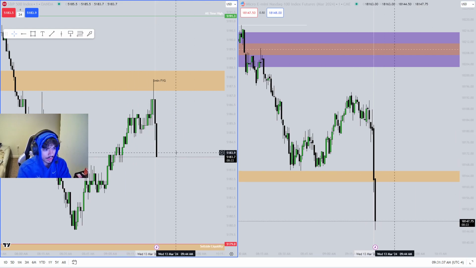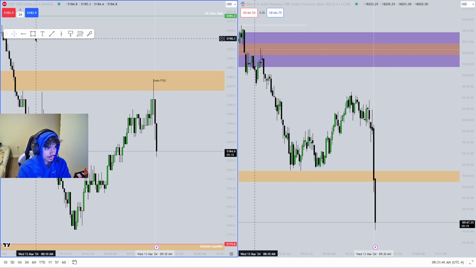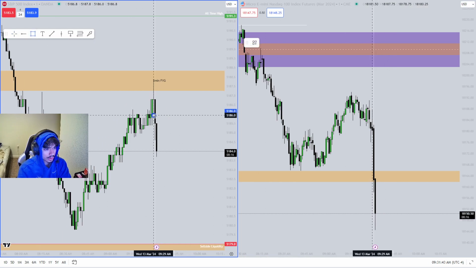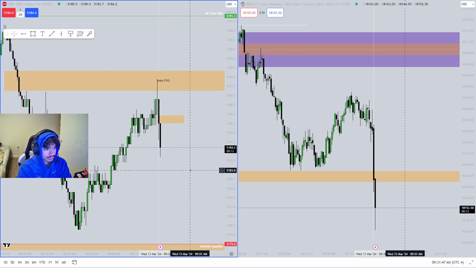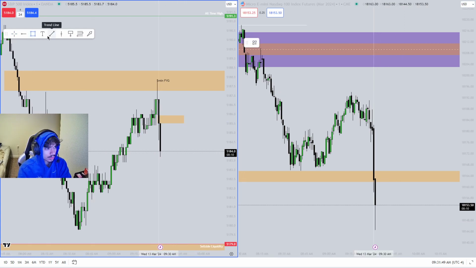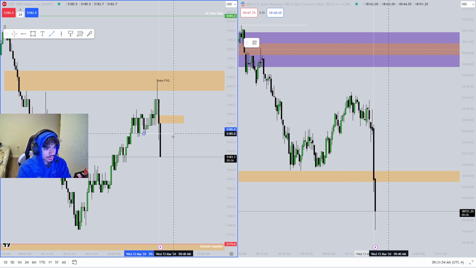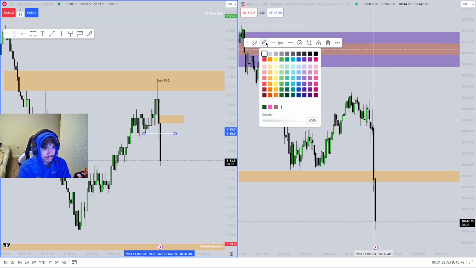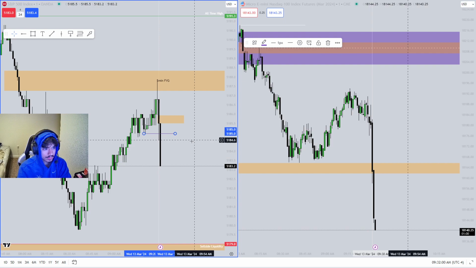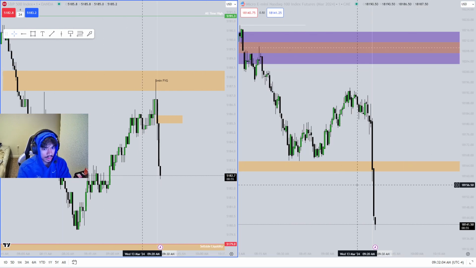I want ES to follow along, but I need something to get me into price. There's this fair value gap right here. Also watch this candle's low right here, which is incorrect. I'm not even going to use that one.